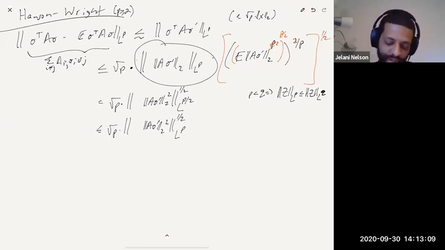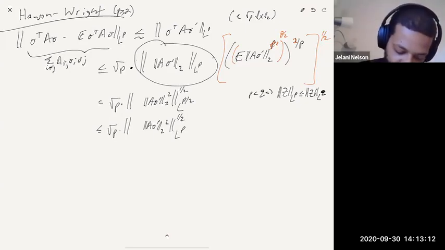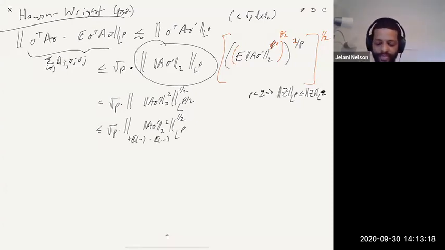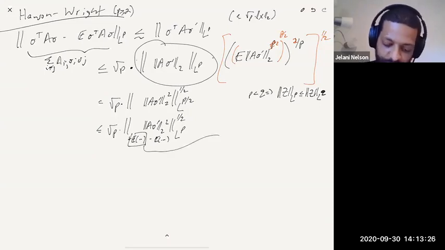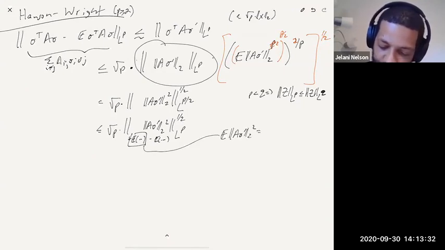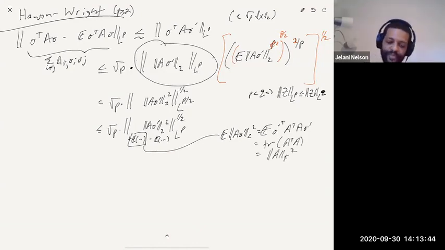The expectation of A sigma prime L2 norm squared is the expectation of sigma prime transpose A transpose A sigma prime, which is just the trace of A transpose A, which is the Frobenius norm squared of A. So I can do a triangle inequality and pull out a Frobenius norm.